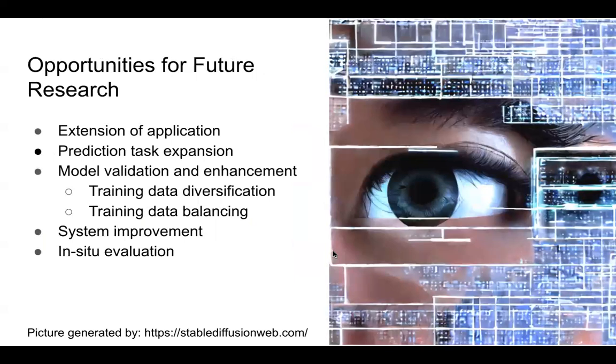Finally, we also synthesize the opportunities for future research, supplemented by our own insights. It is also ranked by the number of papers that have mentioned them. The first direction is extension of application.